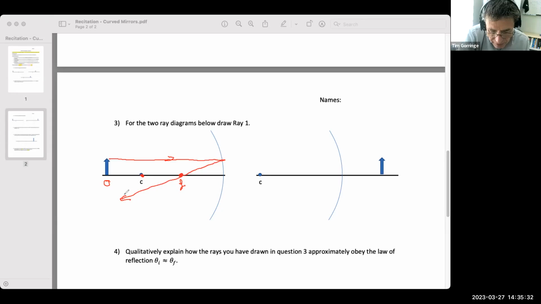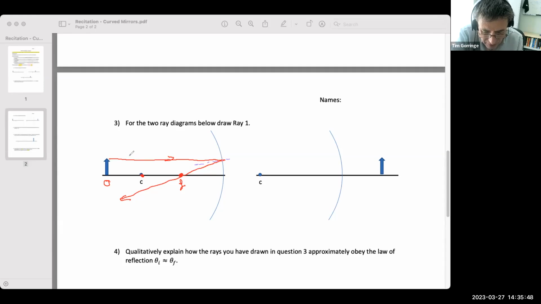And here's that ray. And if we look at that ray, let me add one more line here, a line that is approximately the normal to the mirror where the ray struck the mirror.